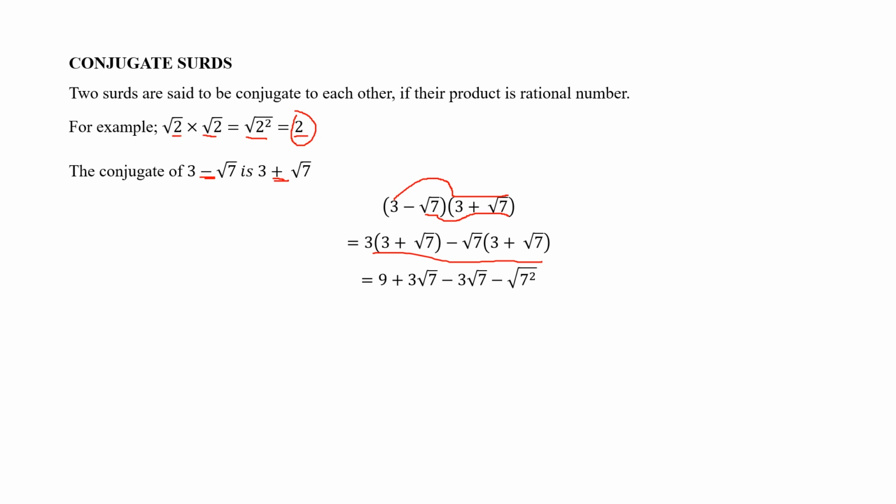When I simplify this, I have minus 7, then I add it to 9. You can see that this and that are the same, but the signs are different, so they become 0. So 9 minus 7 gives us 2, and 2 is a rational number.